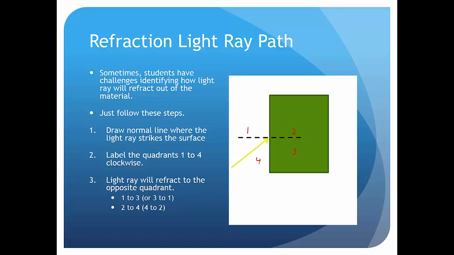And the light ray, in terms of refraction, where will it go? It will actually always go to the opposite quadrant. So in this case, if it's 4, you will go towards 2. If it's 1 or 3, you will go to the other one. So 1 will go to 3, or 3 will go to 1, 4 will go to 2, or 2 will go to 4.